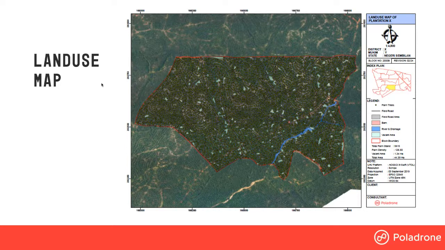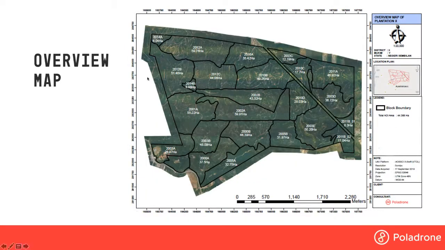We will draw out the boundary, the rivers and the infrastructure details, and we will also mark the vacant land, which you can see in light blue. Those are the information we can input into the analysis part. The next slide is the overview map.